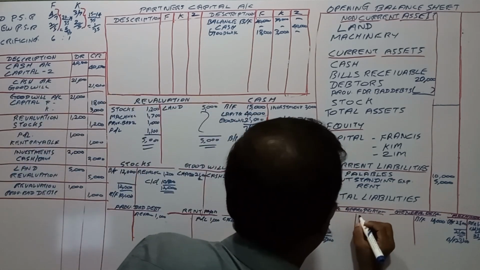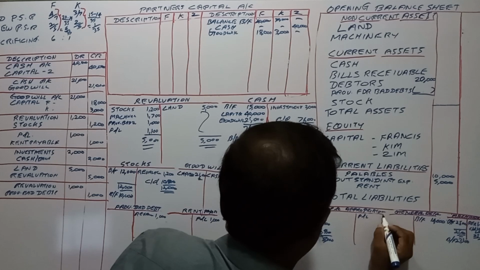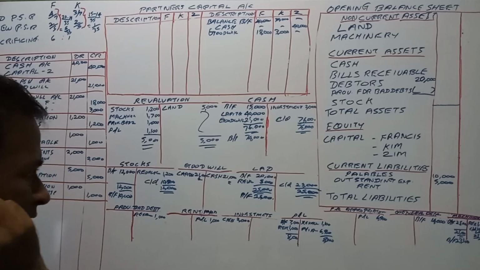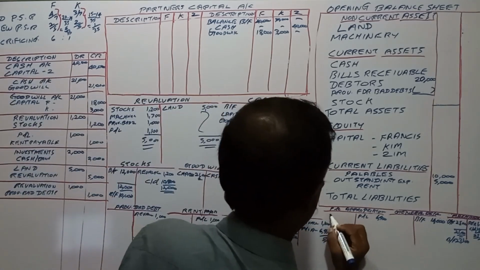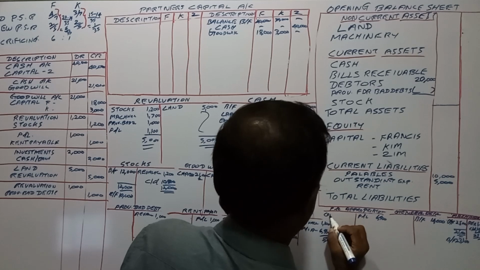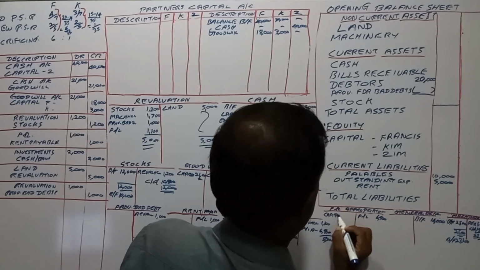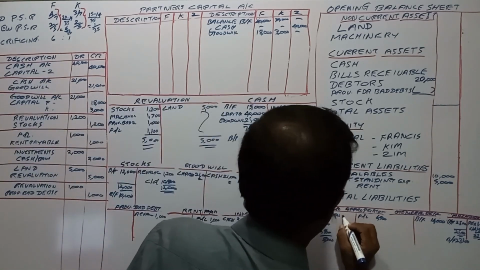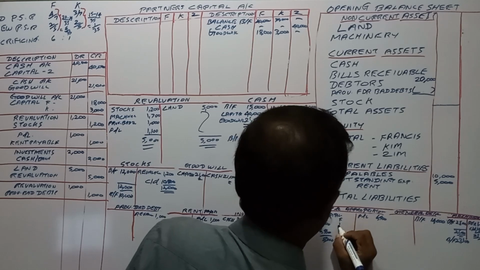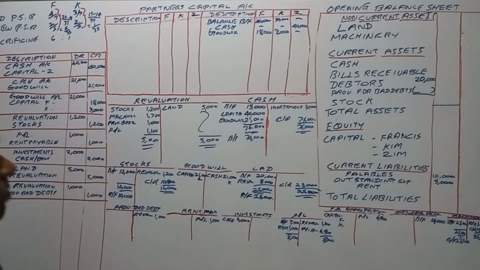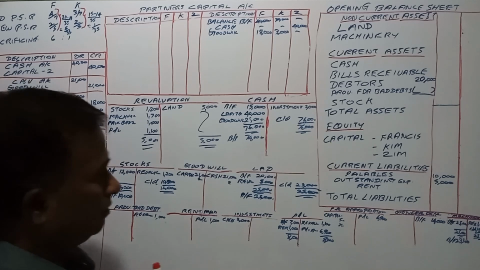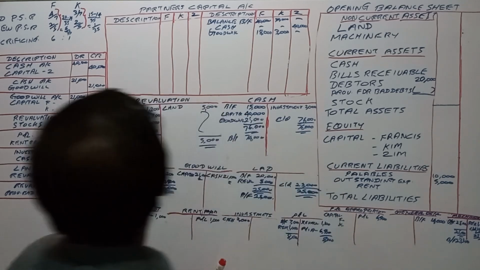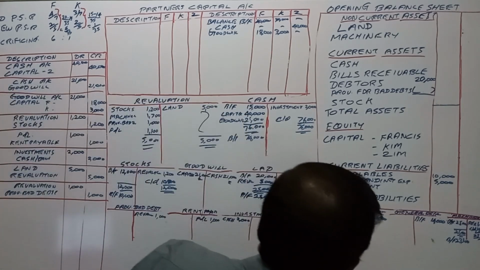Profit and loss appropriation account PNL is 6,900, right? From that you have to transfer to the capital account of F and K according to the profit sharing ratio, that is 4 is to 3. 6,900, 4 is to 3, 7.